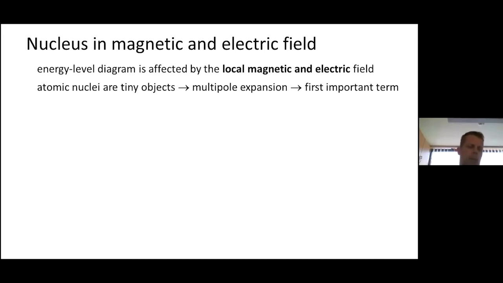Because atomic nuclei are tiny objects, we can treat contributions of magnetic fields and of electric fields to their energy through the so-called multipole expansion.